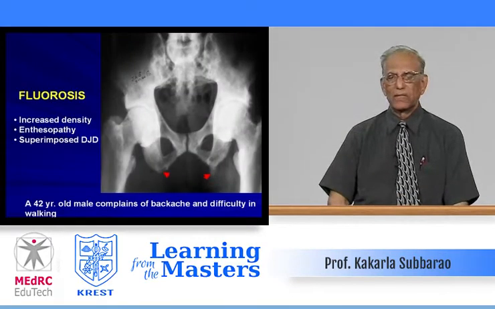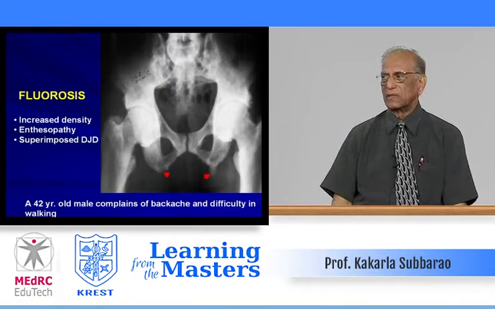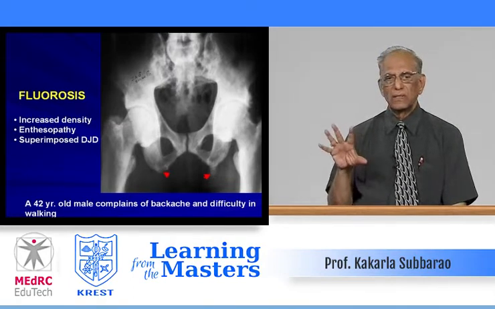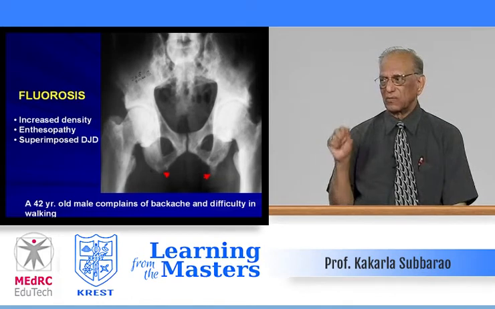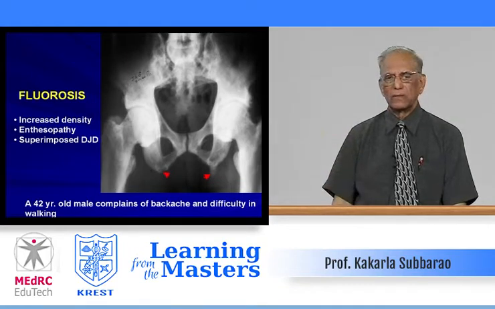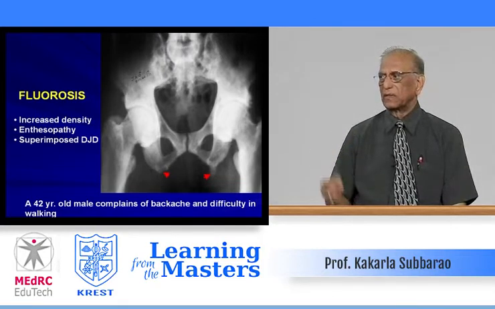Coming back to the first case, you see the X-ray of the pelvis. What are the findings? As soon as you see increased density of the bone, because it is a 42-year-old male, there is a relative increase in the density of the bones. And enthesopathy, the arrows point down to the ischial tuberosities, the irregular osteophyte formation.